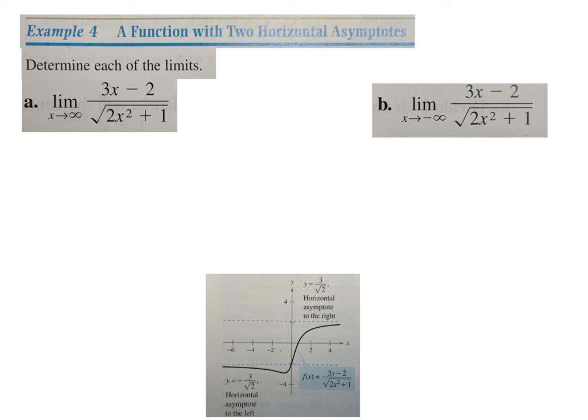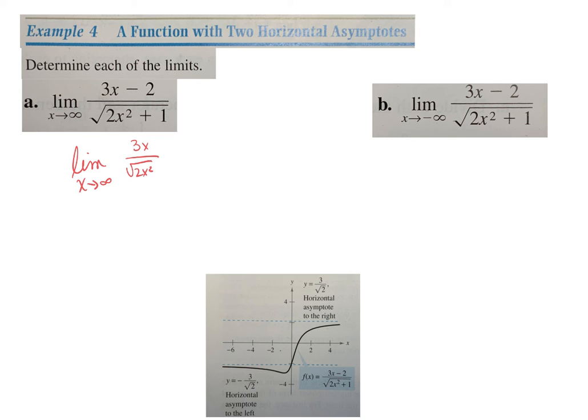Is it not? So if I were to take this guy, I'm just going to rewrite it a little bit here. They do it a little bit longer than I'm going to do it. So you can do it my way or their way. I don't care. All right. But really that -2 and +1 when we're talking about infinity are insignificant. Does everybody agree? And so I'm just going to look at the 3x over the square root of 2x squared.